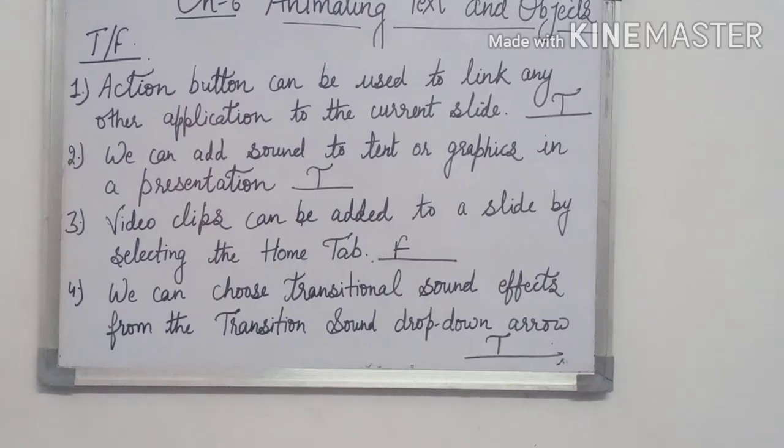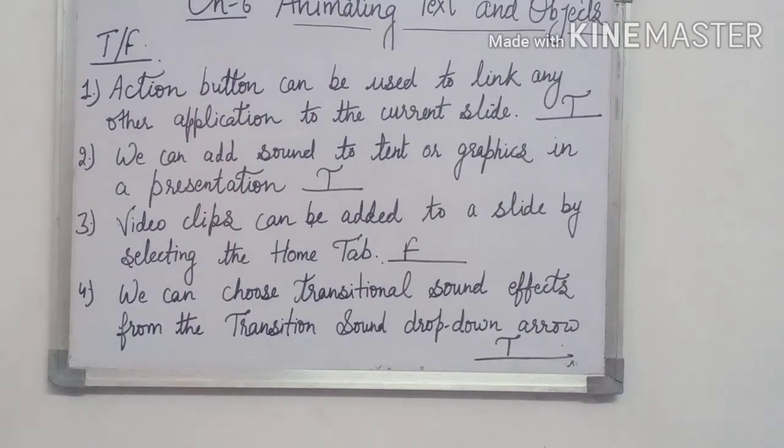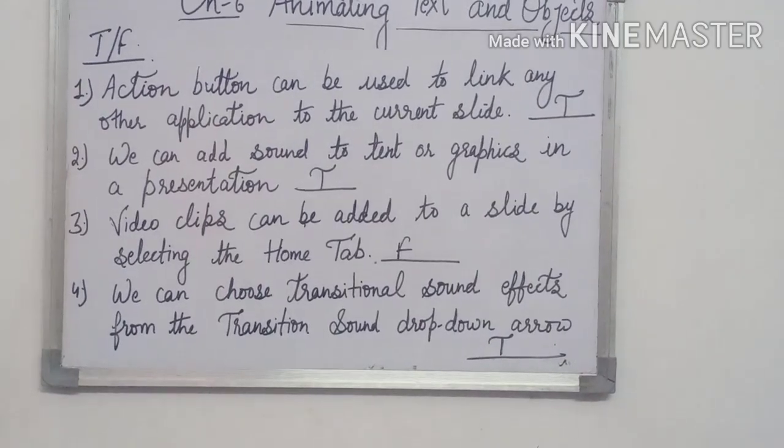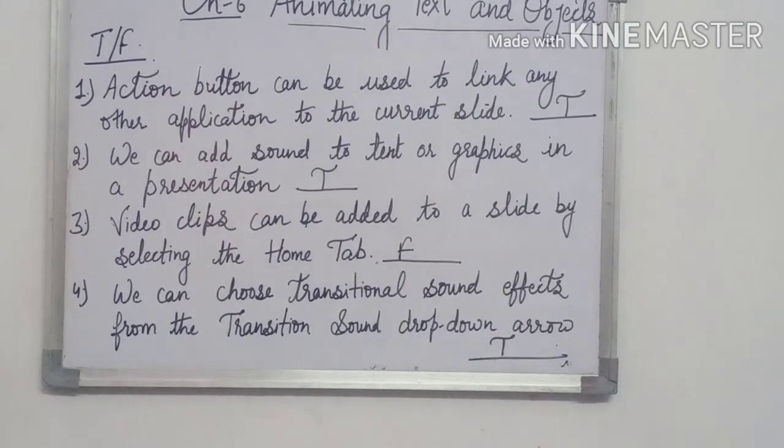Now the true false questions. First is, action buttons can be used to link any other application to the current slide. In the filling the blanks we have read that action buttons are used to create a hyperlink between the slides, and a hyperlink can also link any other applications to the current slides.